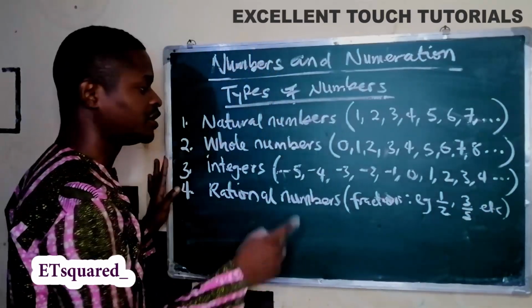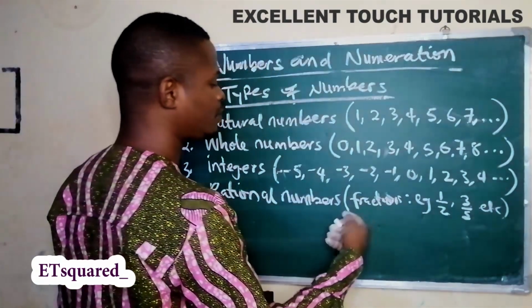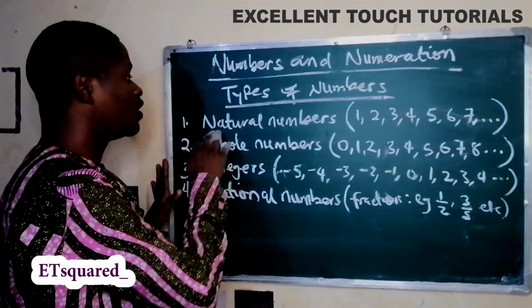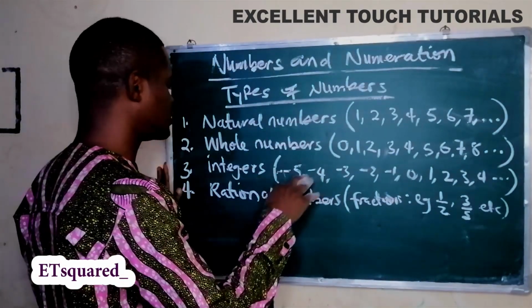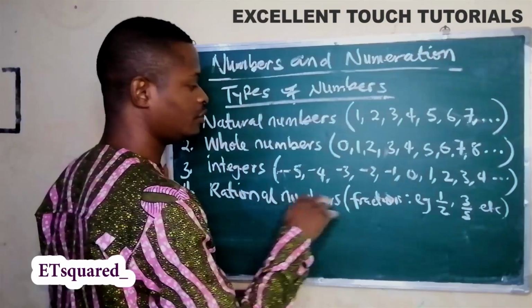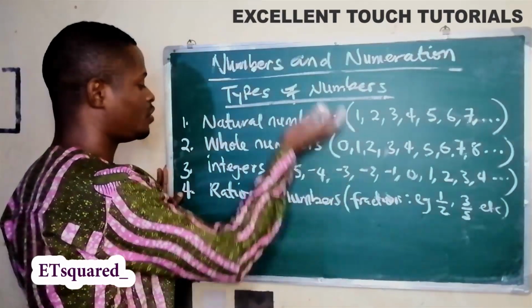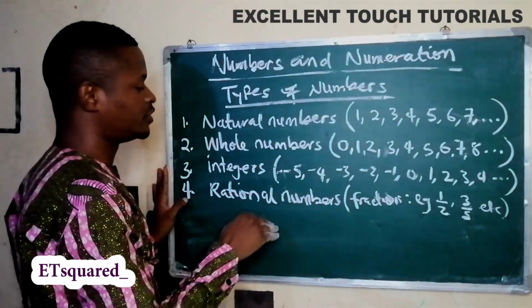They are rational numbers. One beautiful thing about rational numbers is that all natural numbers, all whole numbers, all integers can actually be expressed in forms of fractions. So they are all under rational numbers.